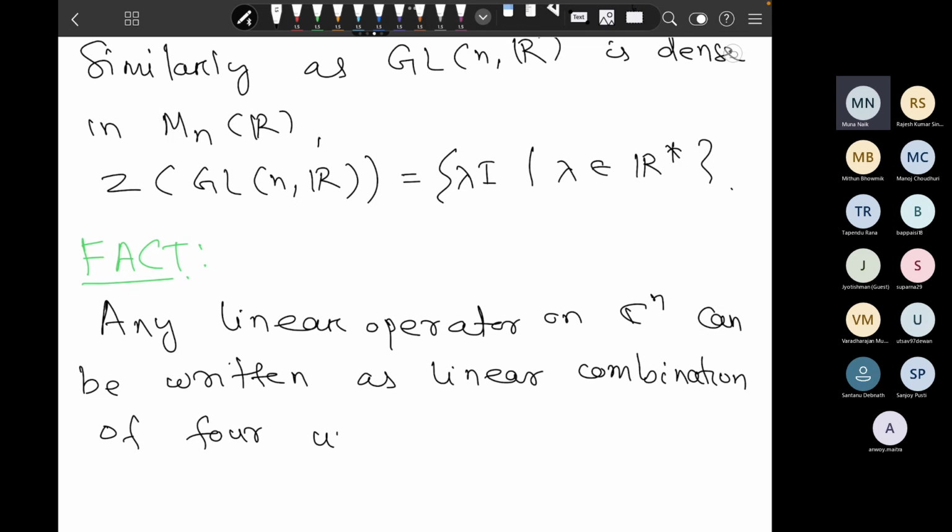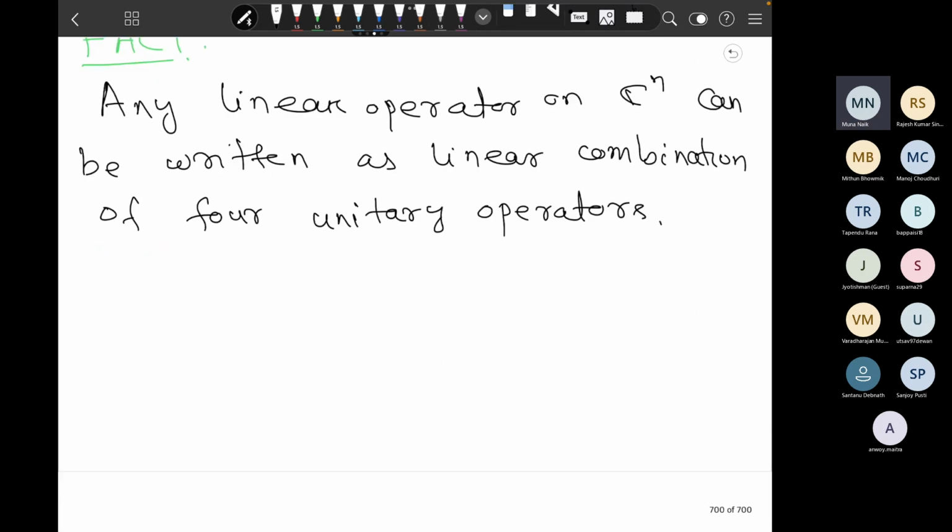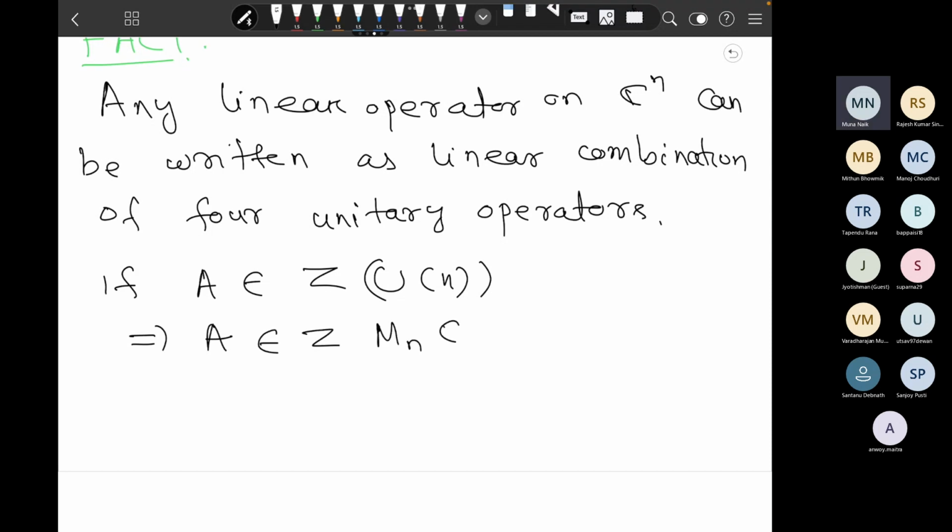So this result is slightly non-trivial and it requires a little bit of operator algebra to prove it. Actually, the proof which I know uses operator algebra. So if A belongs to Z(U_N), from this fact, suppose A belongs to Z(U_N), that will imply A belongs to Z(M_N(C)).